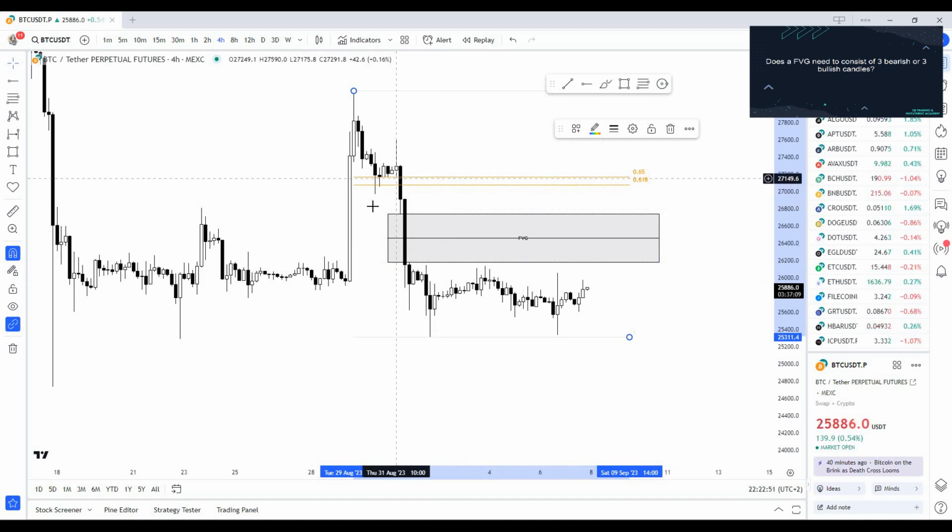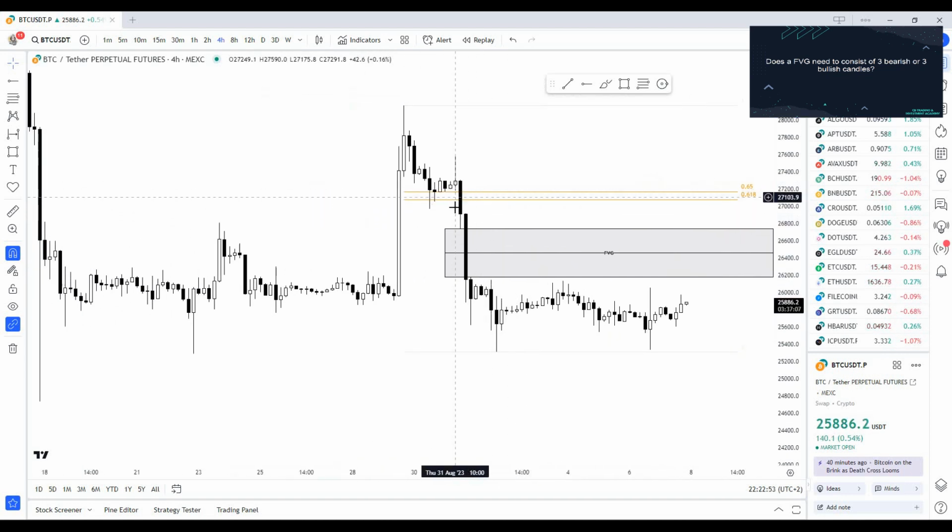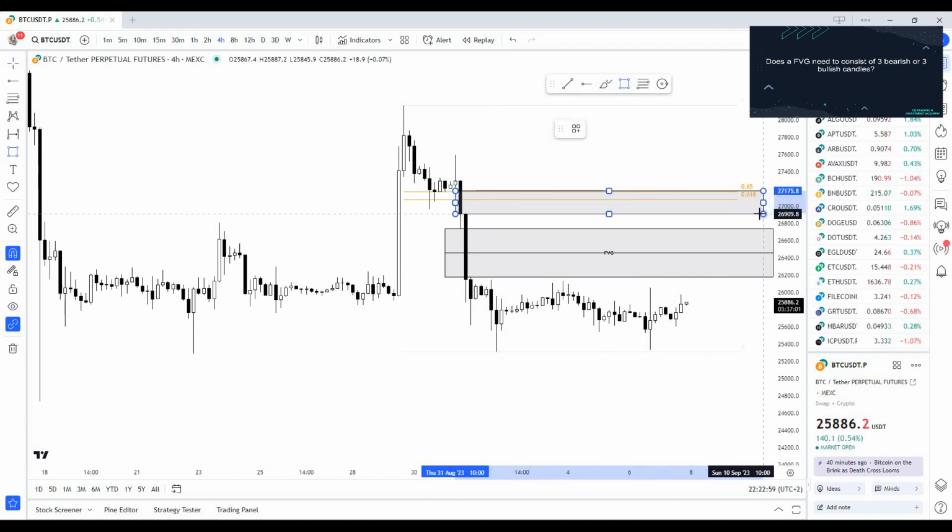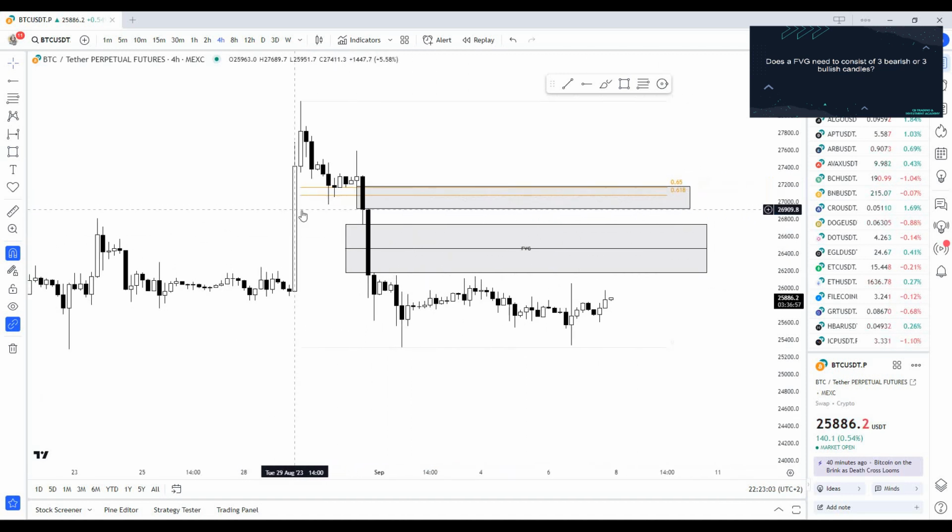But if you look good enough, there's also a fair value gap formed here. So this one. Also a fair value gap. So as you can see, I really never look at those candles, bearish, bearish, bearish, bullish, bullish, bullish.